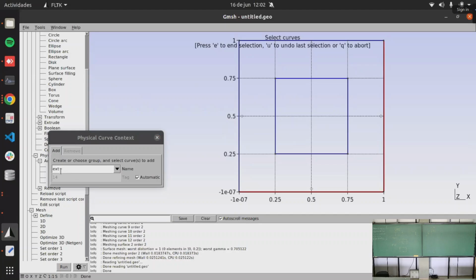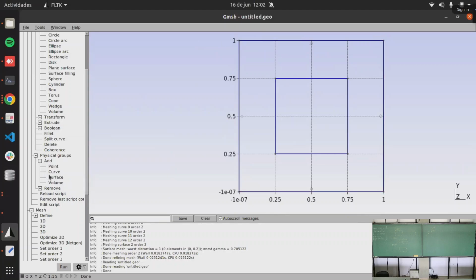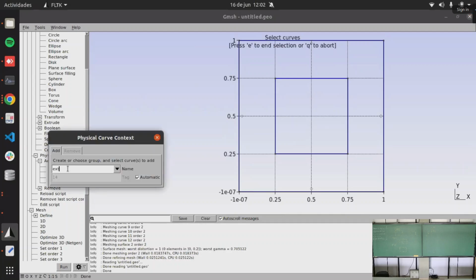I can change the name. Maybe if I want, like in the first example, to give the origin boundary, and after that the exterior boundary, I can do it in this way, changing the name, x0, to differentiate the physical groups.